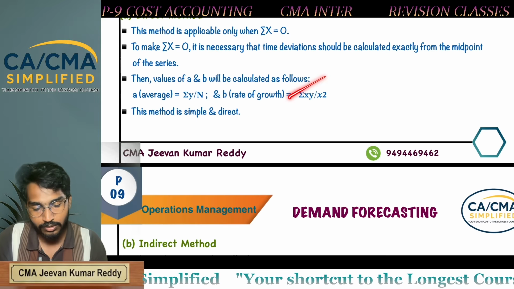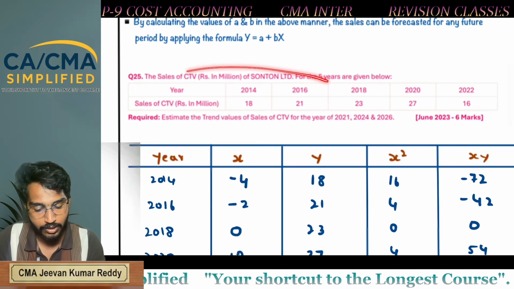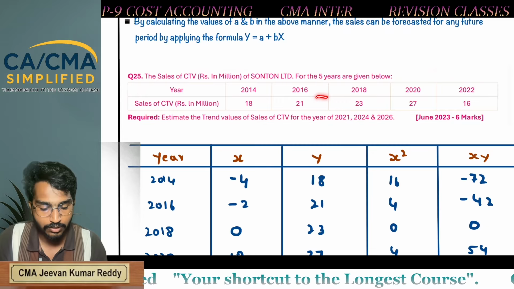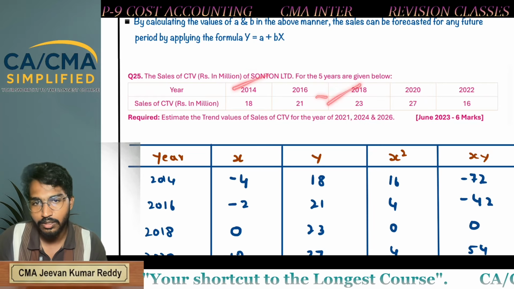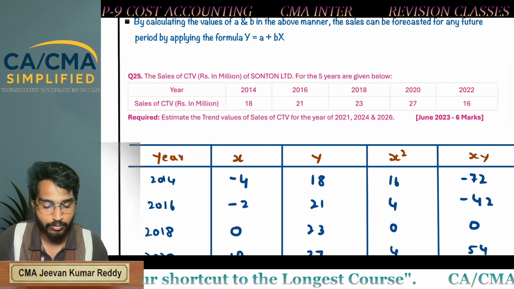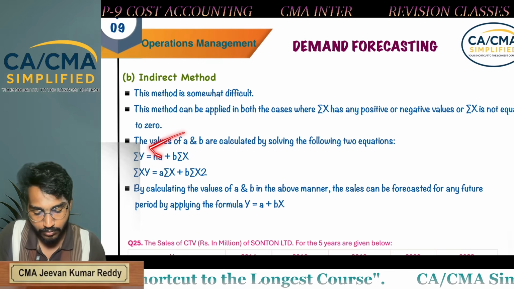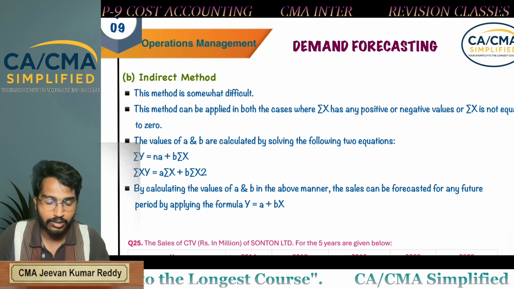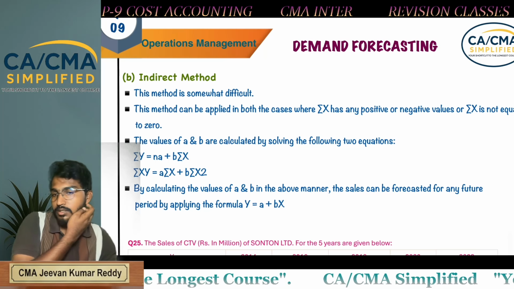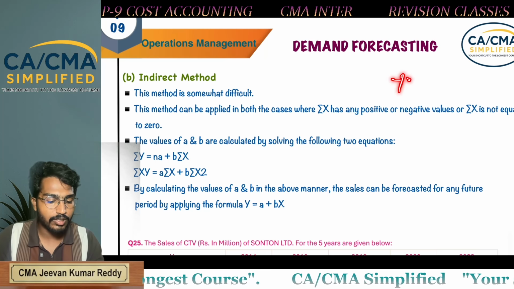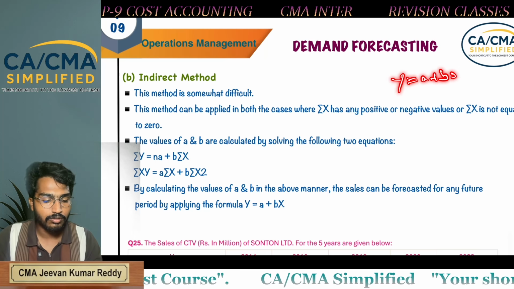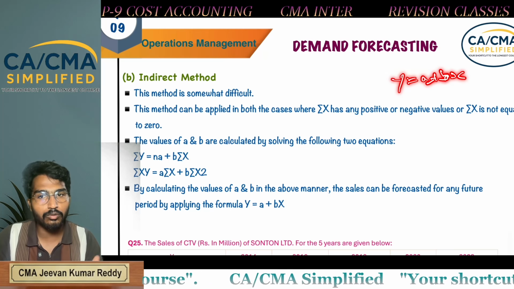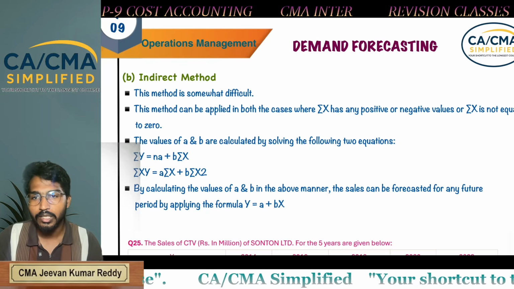And whenever data is given in years or as a time series, we use the direct method only. Now for calculating a and b, the regression equation y on x is y is equals to a plus bx. To find a and b, we have two methods, direct method and indirect method.